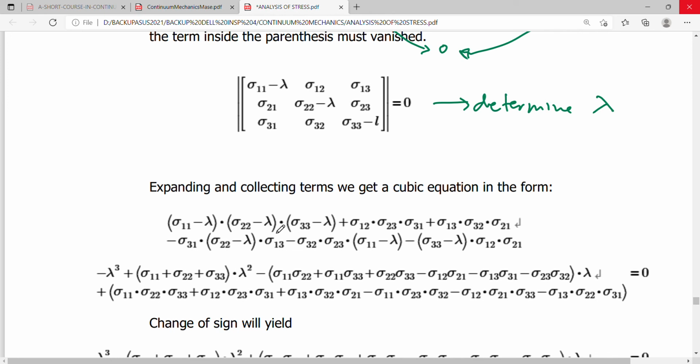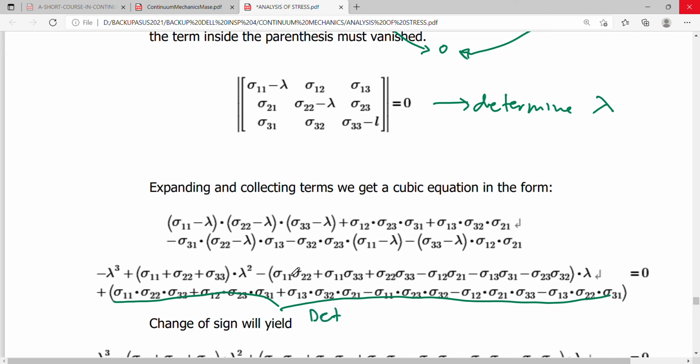Okay, so the expansion is quite very involved. So we will be yielding this type of equation where the cubic, the square, and the first degree or linear terms will constitute coefficients including the constant, which happens to be a simplification of a determinant. So this value here is actually a determinant procedure.